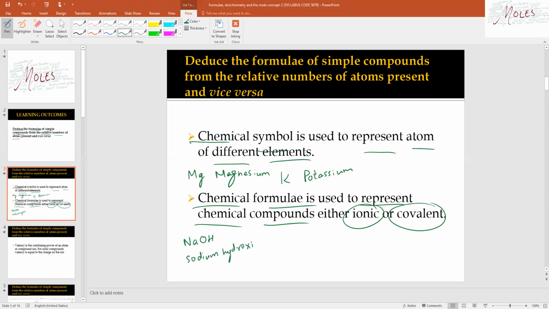SO3 is the chemical formula of sulfur trioxide, etc.